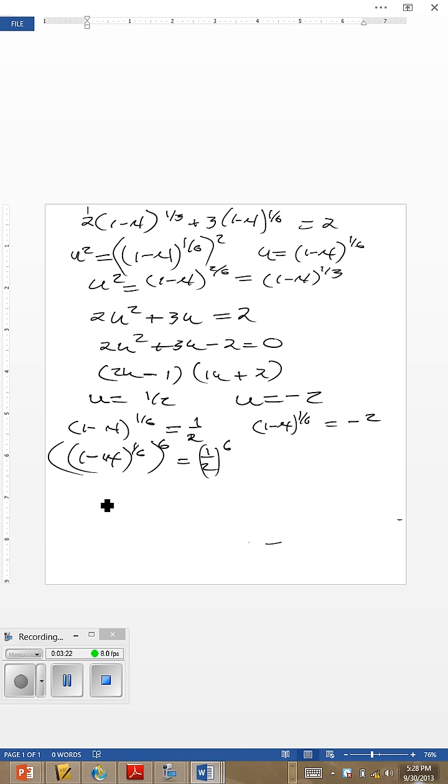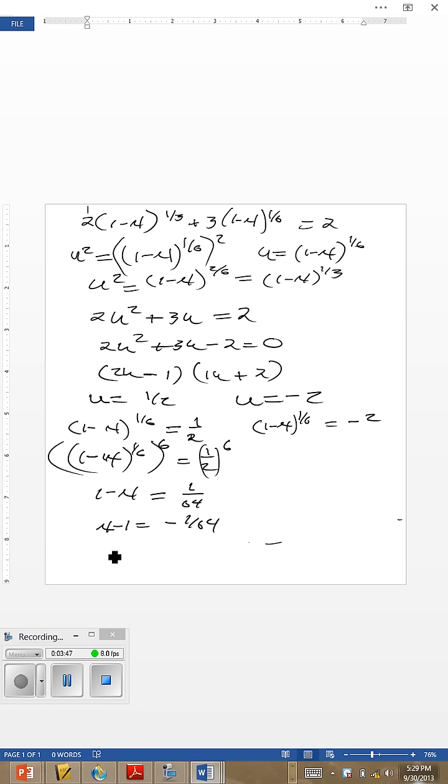So that would be 1 − x, which remains, and 1/2 to the 6th power. So know your powers of 2. That's 1/64. So then I can just make this read x − 1 equals negative 1/64.